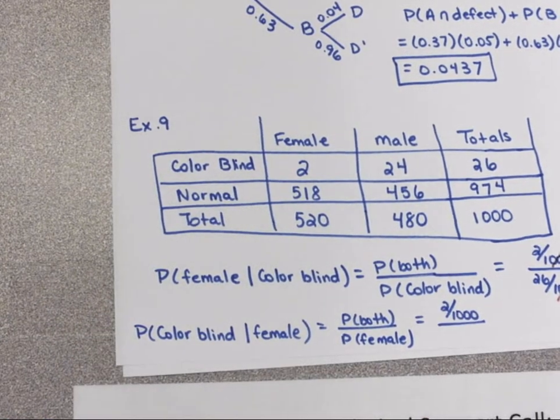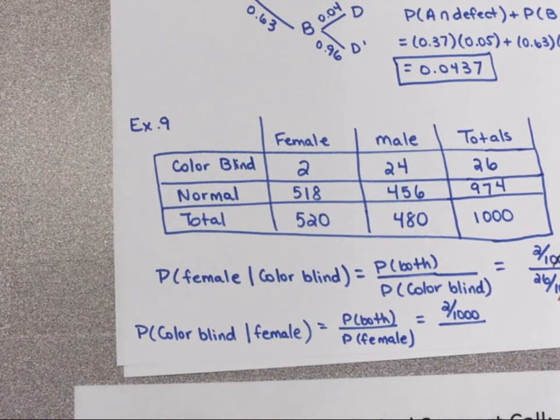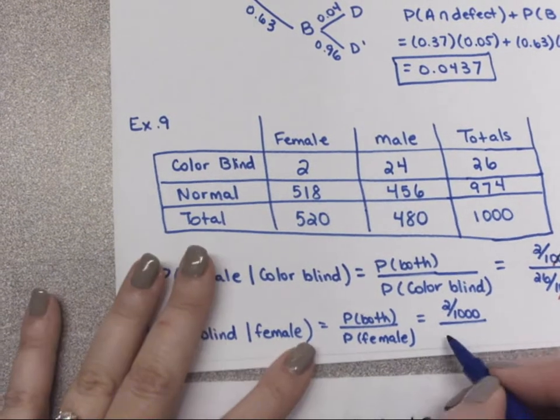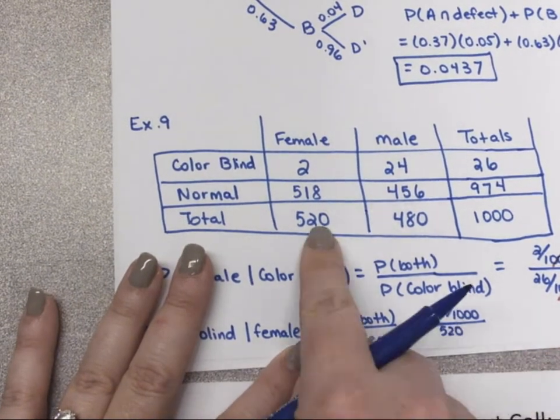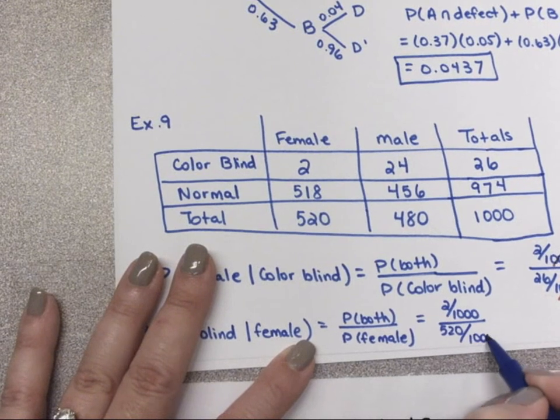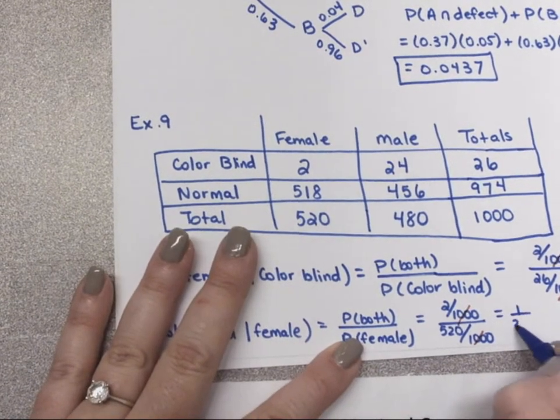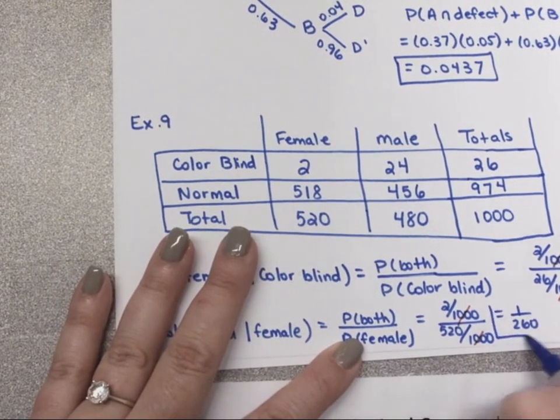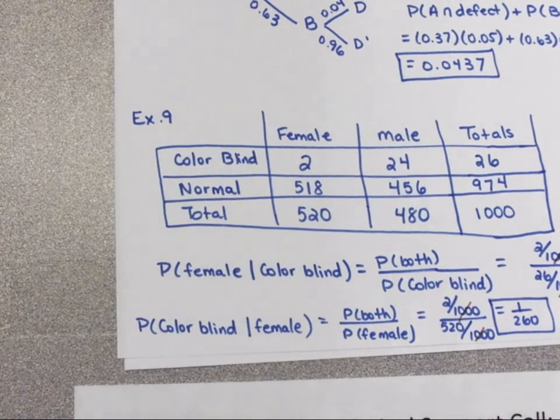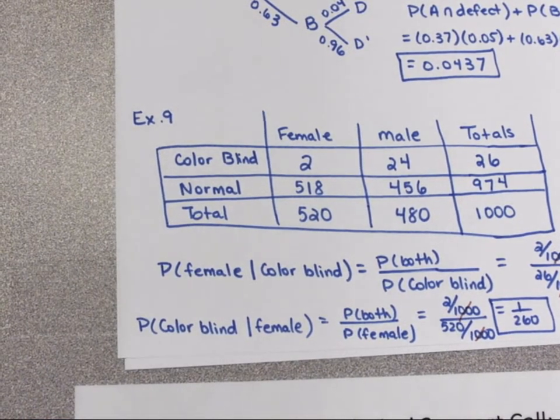There's a lot more females than there were colorblind people, right? So how many females were there? 520, right? Just look at your totals, over 1,000. And so then we cancel the 1,000 out. I'm going to go ahead and reduce the fraction too, in one swoop so we can hurry this along. So it's 1 out of 260, right? So we don't get the same answer when we switch the order of the given that statement. Okay, that's the gist of that.